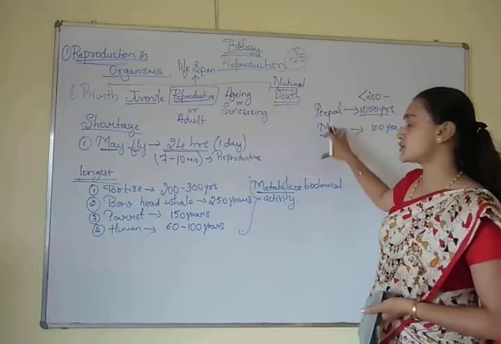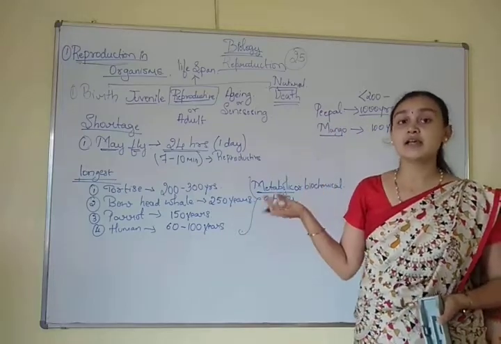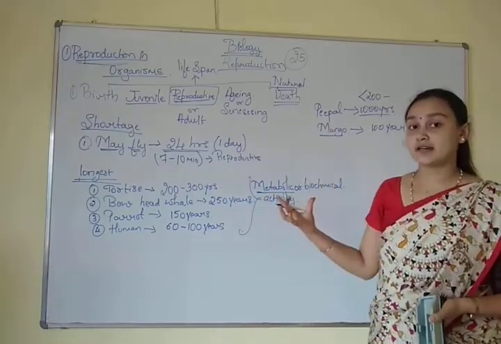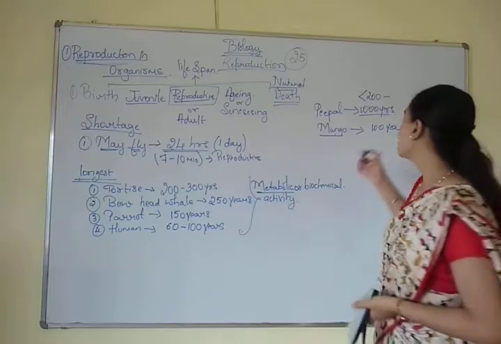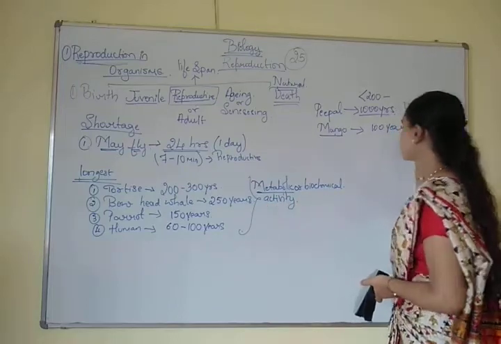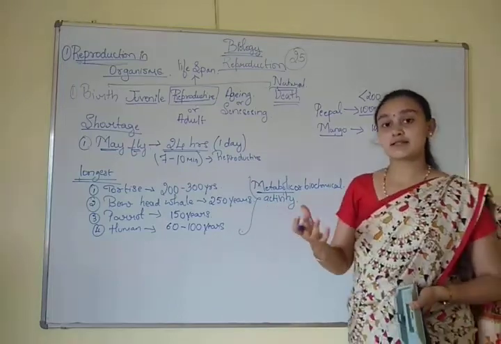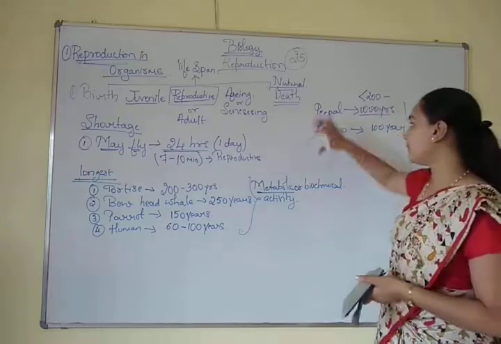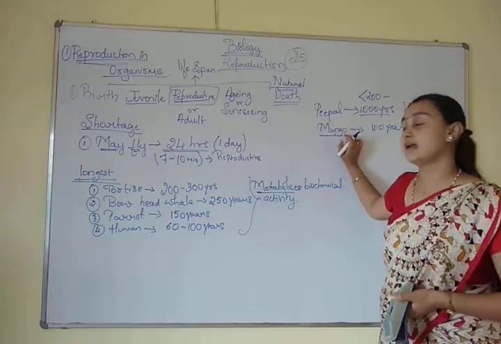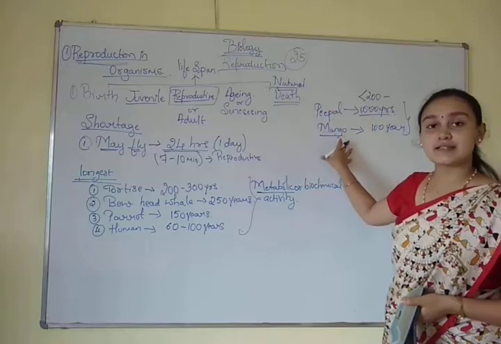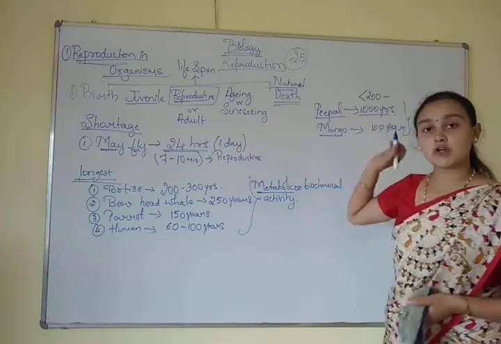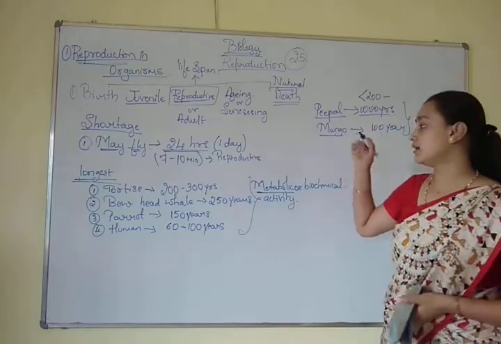So this is the lifespan of a plant. The factor we consider here is certain metabolic activities. Various activities keep going on, so based on that we consider the peepal as the longest known lifespan.